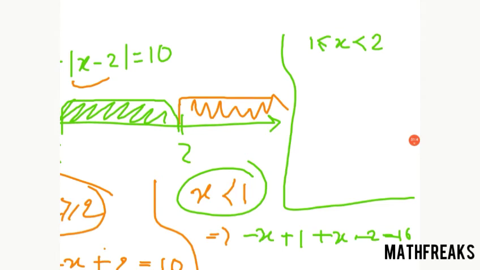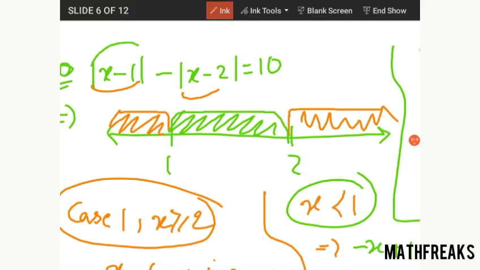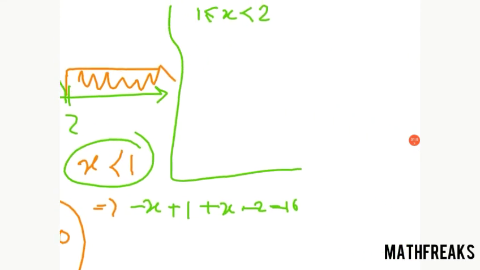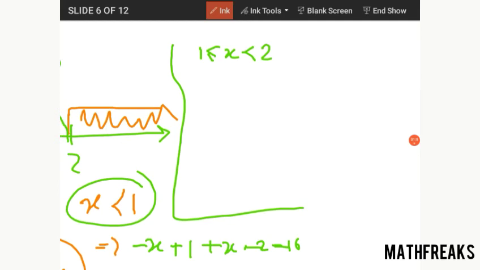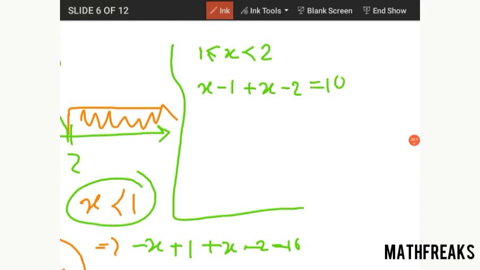So this one is positive, this one is negative, correct? So x minus 1 plus x minus 2 is equal to 10.